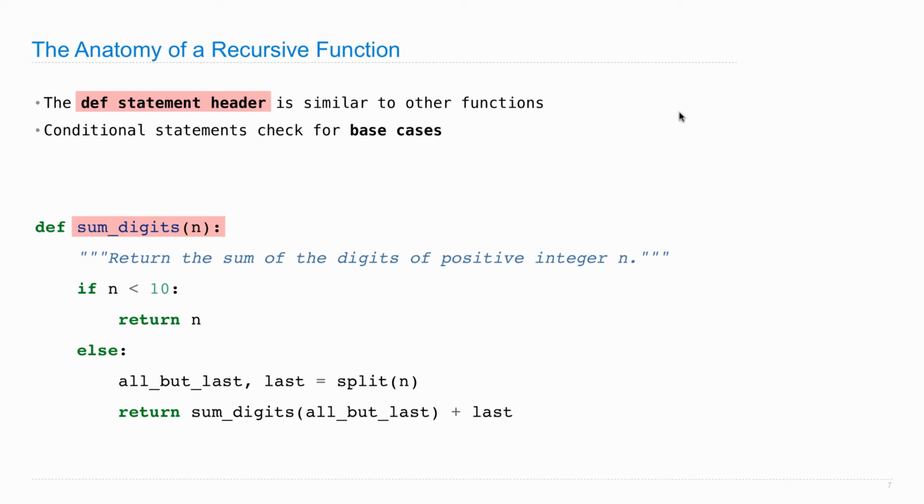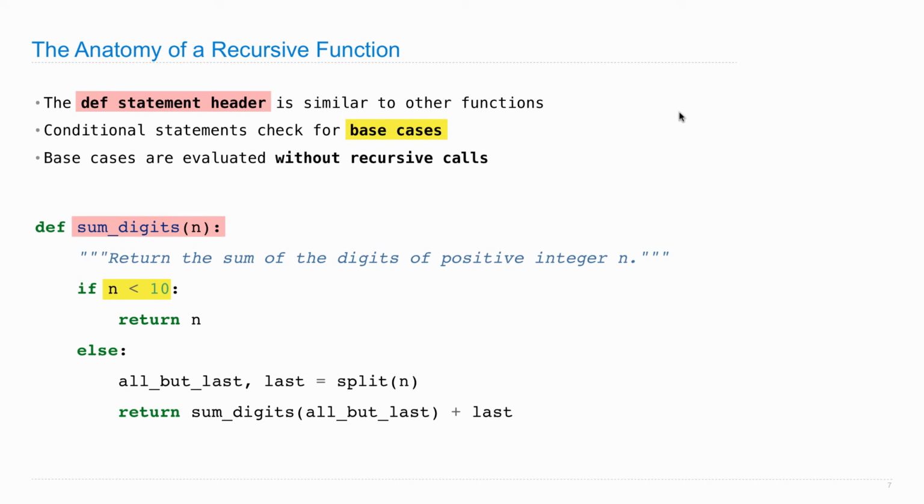Then, typically, a recursive function will start with a conditional statement that checks for base cases. Base cases are very simple versions of the problem I'm trying to solve. In this case, the base case is a really simple case where you only have one digit, so summing it up is trivial. You just return n.